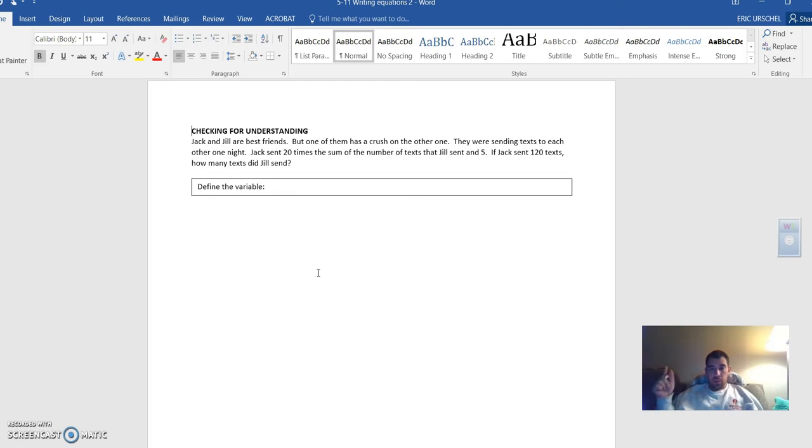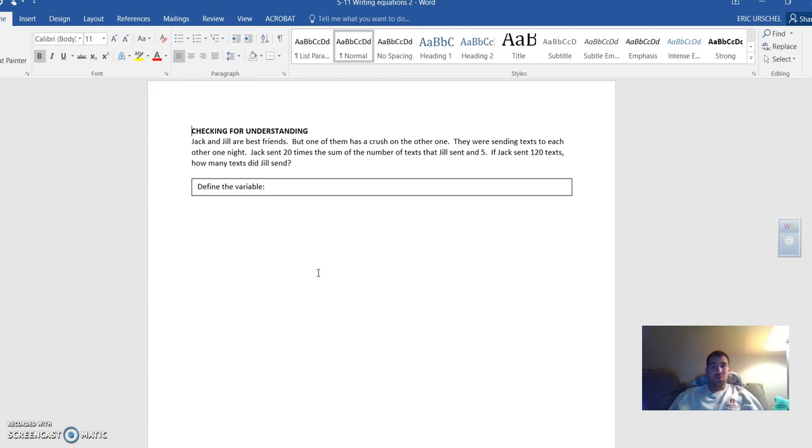So, let's look at this problem. Let's see if you guys understood the last lesson, which was writing multi-step equations for problems. Jack and Jill are best friends, but one of them kind of likes the other one. Let's figure out who has a crush on who.